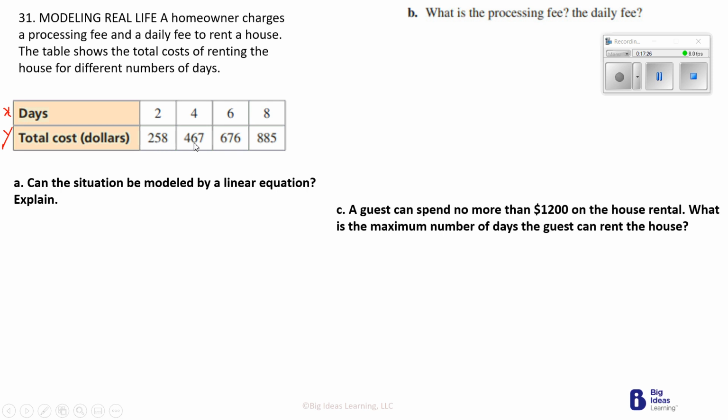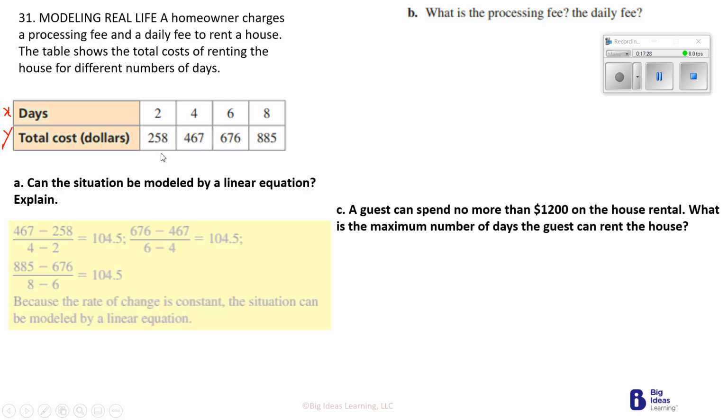I'm going to take 467 minus 258. Then I'm going to take 4 minus 2, and that's going to give me 209. And 209 divided by 2 is 104.5. Now I'm going to take 676 minus 467, and then take 6 minus 4.